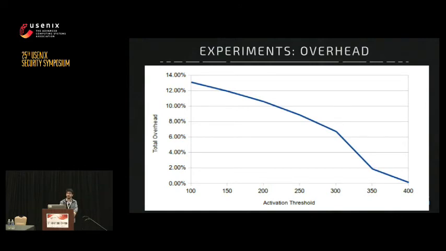We start with a really conservative threshold of 100 megabytes, and we went up to a threshold of 400 megabytes. As expected, the lower the activation threshold, the higher the overhead, because we have more switches between the memory tracer, of course, and the attack detector.